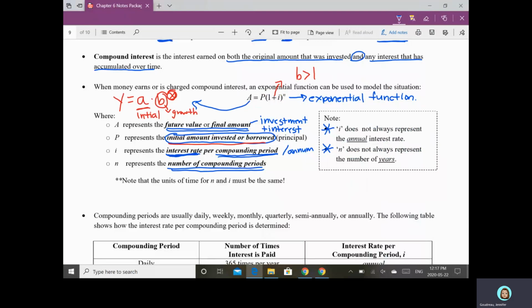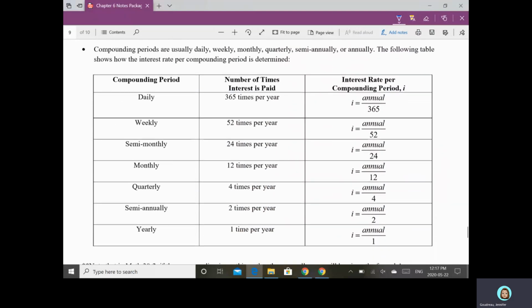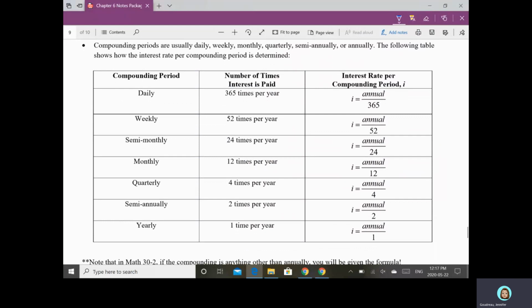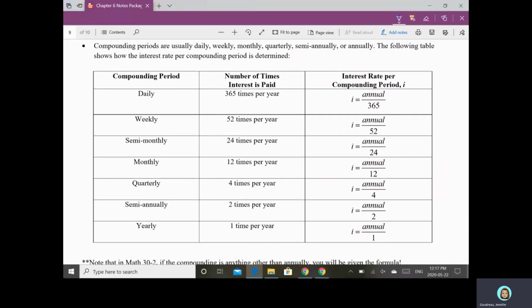Having a look at this chart below, which looks a little overwhelming, it just shows us how I and N are going to change based on how many times per year we are compounding. We've already talked about compounding yearly or annually.